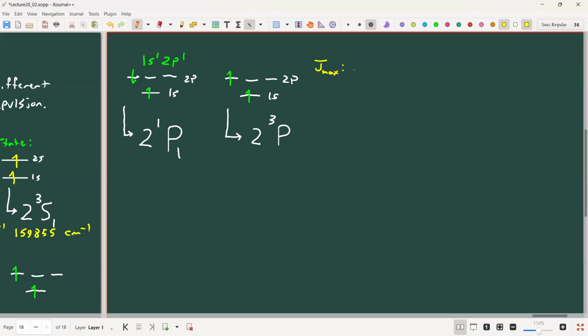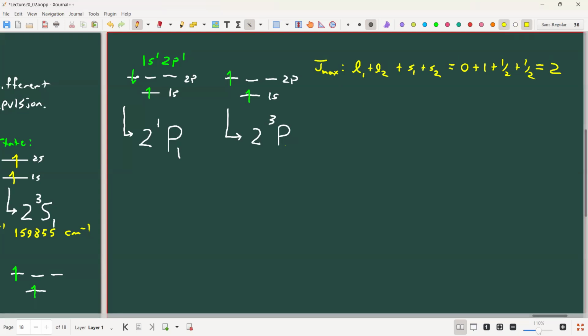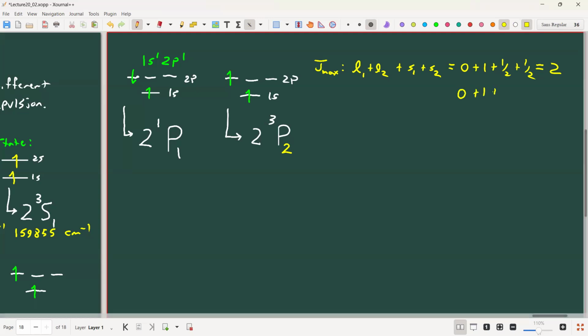Well, J max is where we take L1 plus L2 and add to it spin 1 plus spin 2. That's going to be equal to 0 plus 1 plus 1/2 plus 1/2, which is 2. So there's a J equals 2 state. What other values can J take? Well, L can be 0 plus 1.